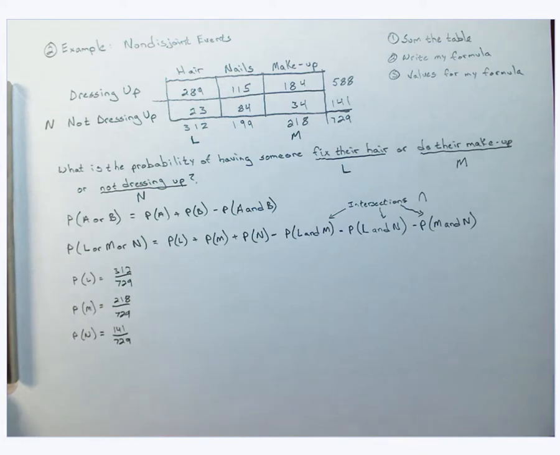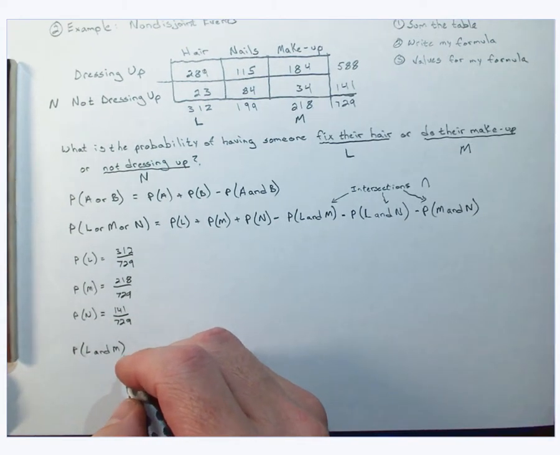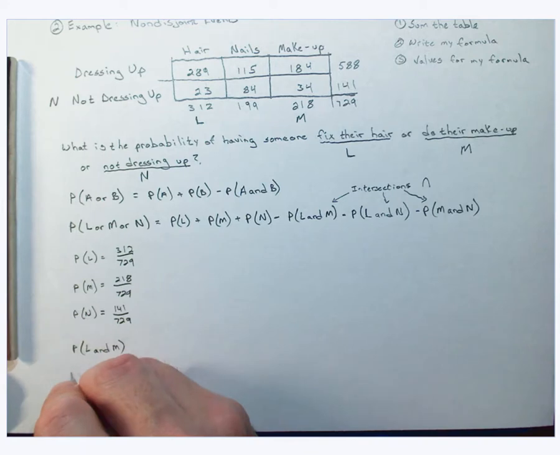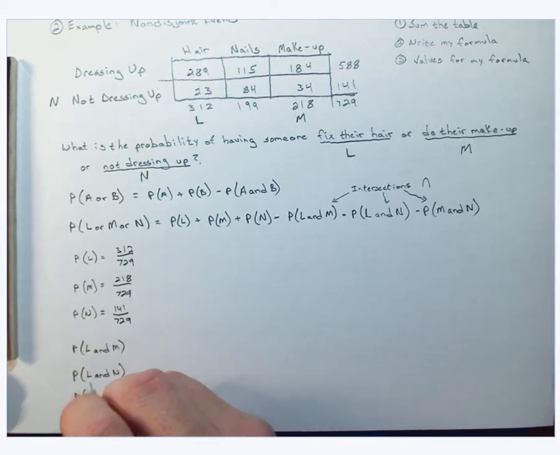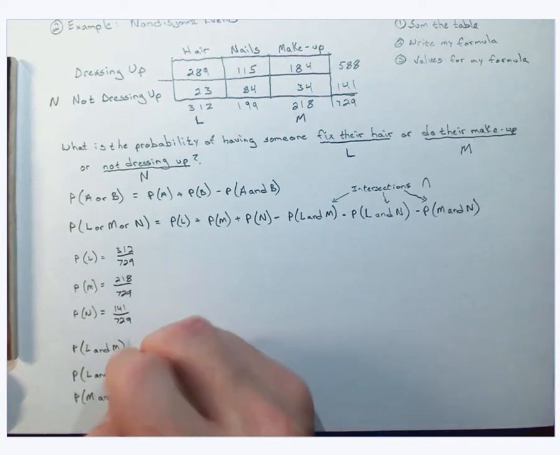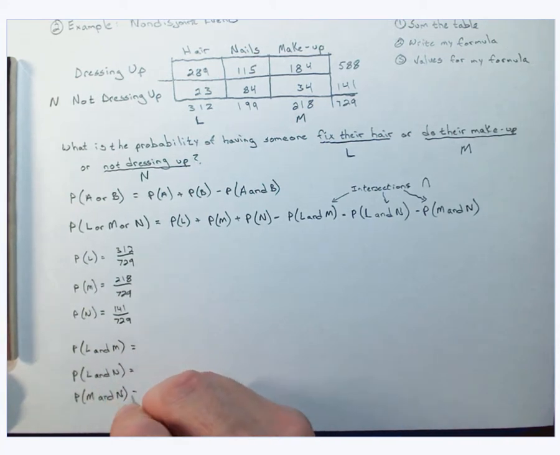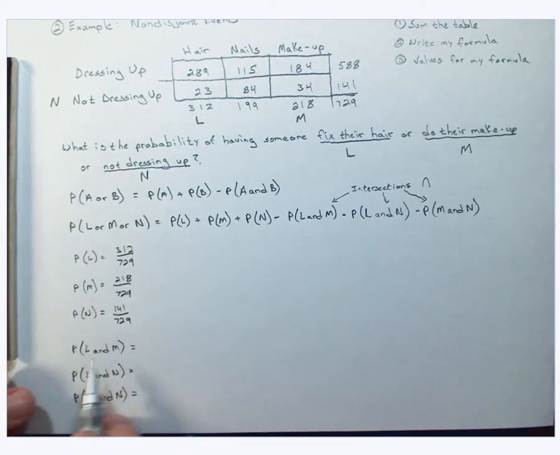Now I'm going to need to find these. I need to find the probability of L and M, the probability of L and N, and the probability of M and N. These are intersections.